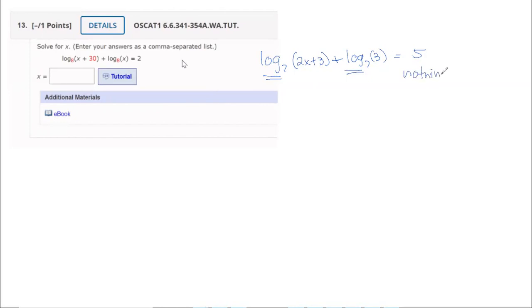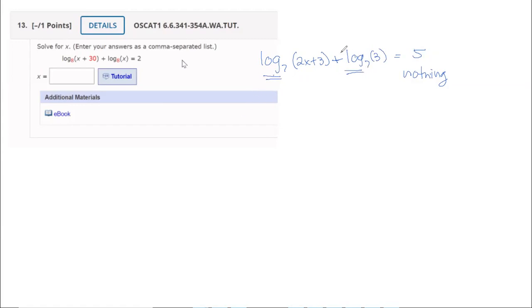If you have 2 logs on one side, you can only solve it manually if you have 1 log on either side of the equal sign or no log at all on the other side, but you can have multiple. You can use a calculator or a computer otherwise, but if you want to do it manually, you have to combine them.